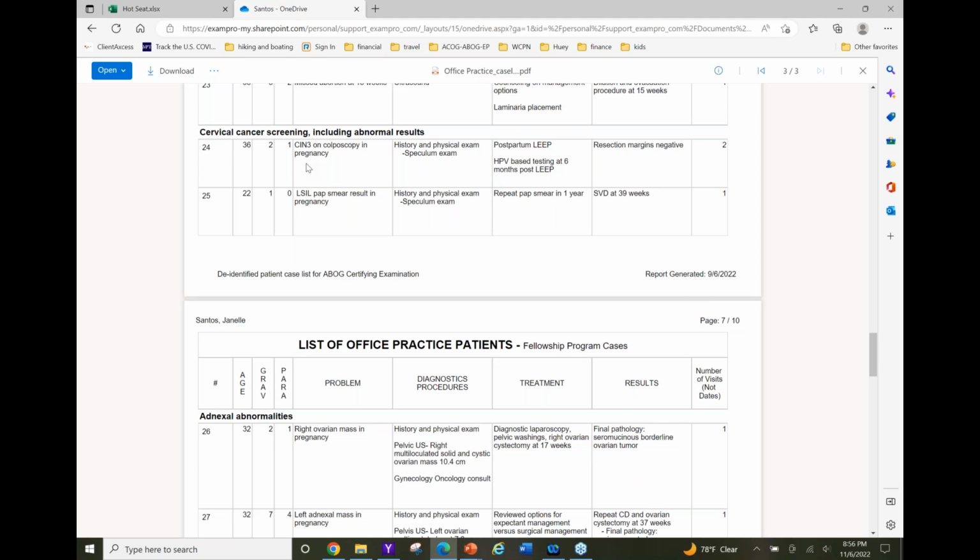Okay, now, if this patient had been compliant and you were her primary GYN provider, what would you recommend to her regarding cervical cancer screening, just in general, prior to knowing about this abnormal? So assuming that she had not had any history of an abnormal, what would you recommend for cervical cancer screening?